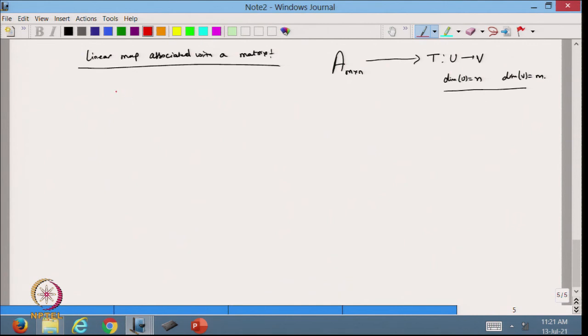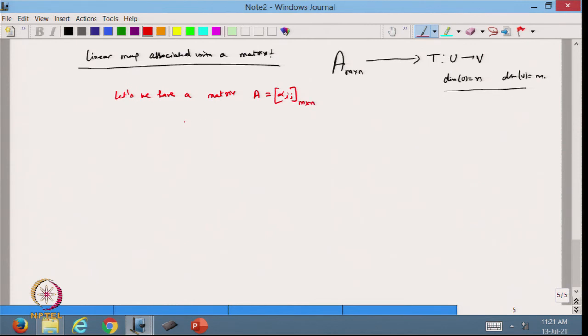So, let's say we have a matrix A of order m cross n.